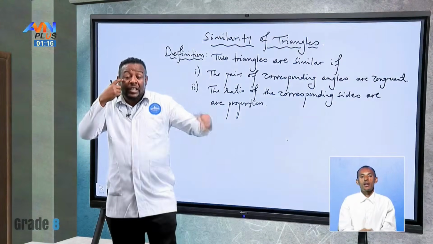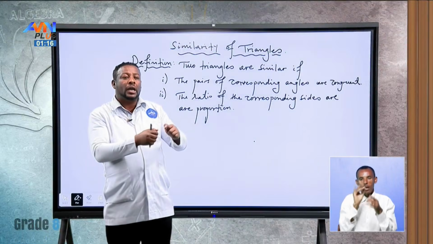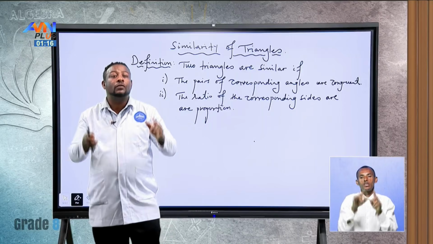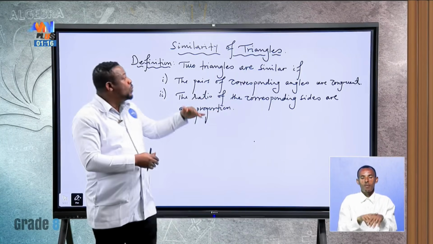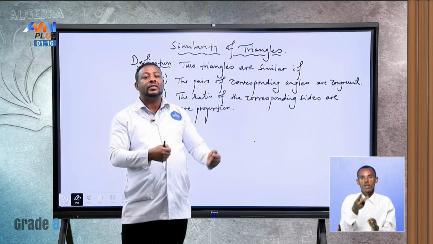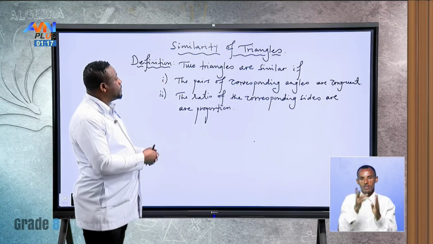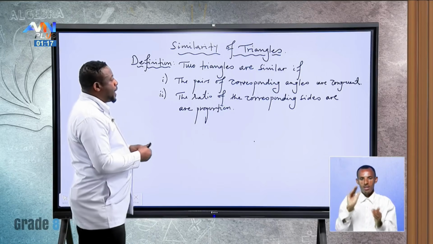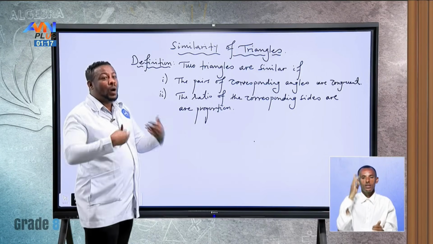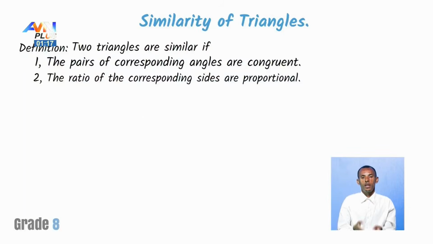So in our next discussion we will have a short and precise method or way of checking similarity. For the time being, let's see how we can apply this definition to check whether two triangles are similar or not. Okay, so let's take a certain example and then we will sense what the definition is saying. So let's see this example.